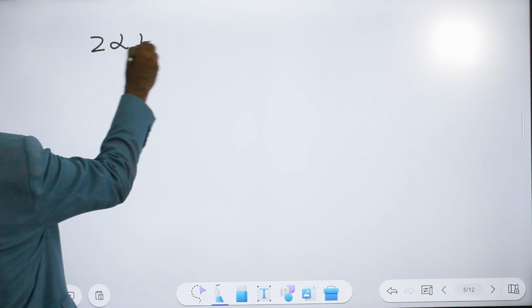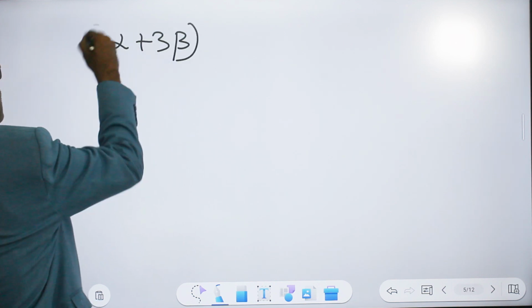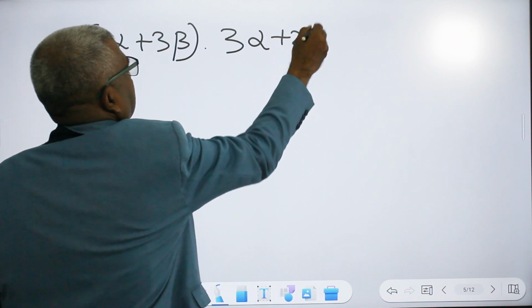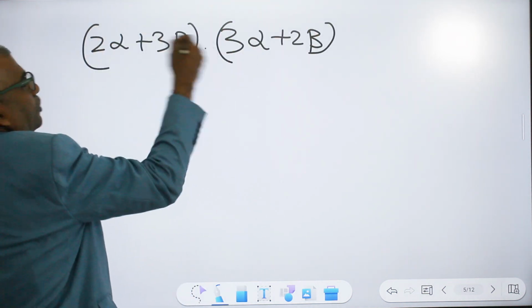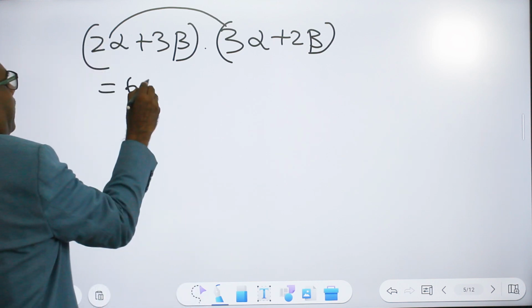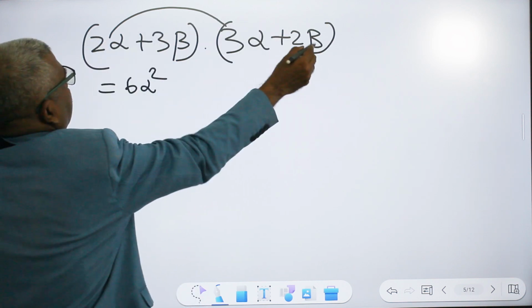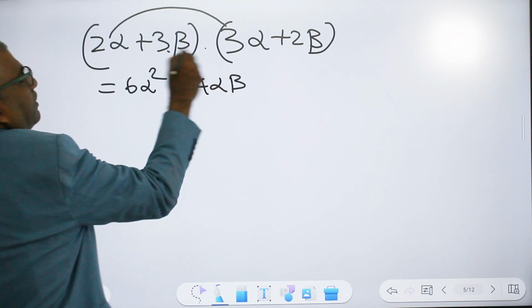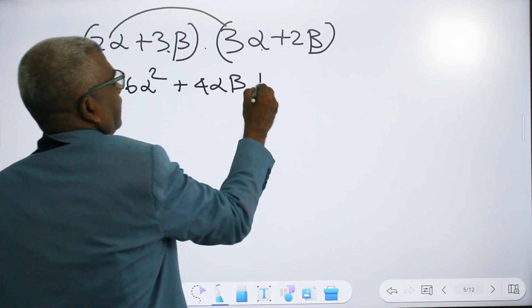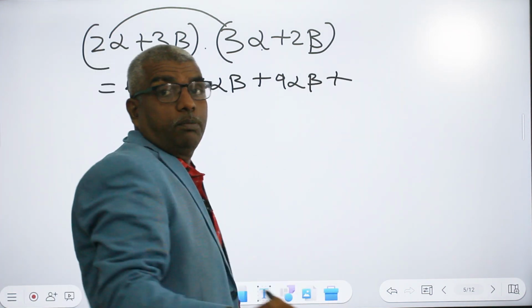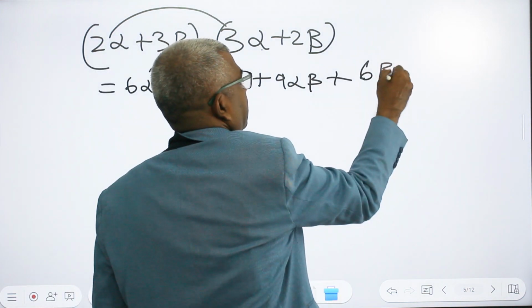The new roots are 2 alpha plus 3 beta and 3 alpha plus 2 beta. Multiply. 2 alpha times 3 alpha is 6 alpha squared. 2 alpha times 2 beta is 4 alpha beta. 3 beta times 3 alpha is 9 alpha beta. 3 beta times 2 beta means 6 beta squared.